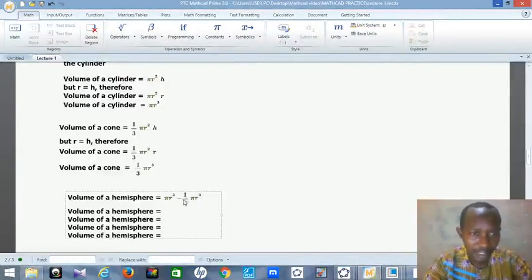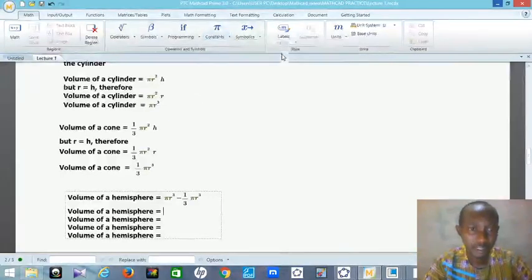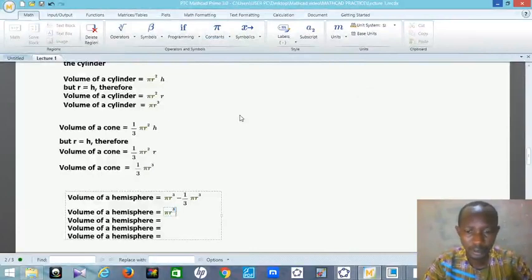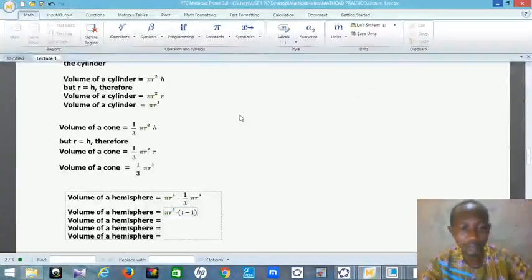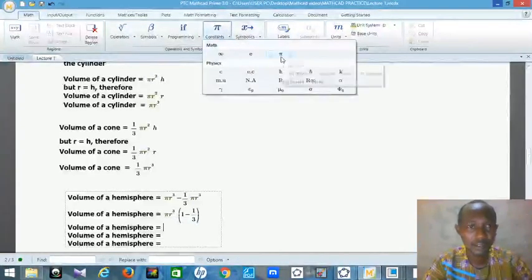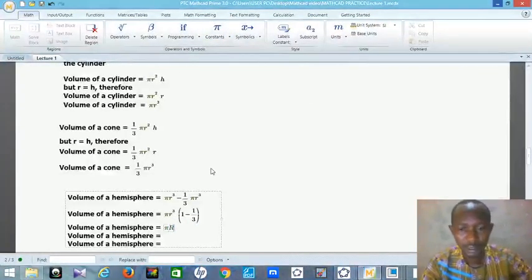Then if you factorize, pi r cube is common to both terms. If I bring it out, I'm going to get something like this: pi r cube, 1 minus 1 over 3. Then if you move to the next stage, you're going to get pi r cube.